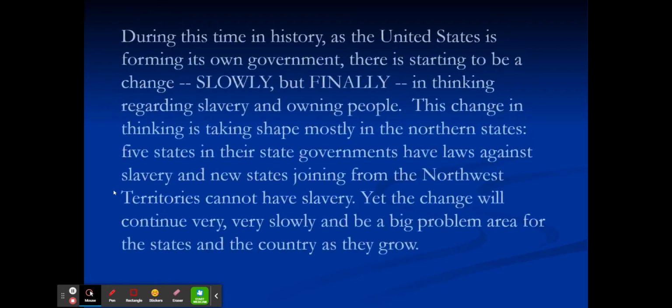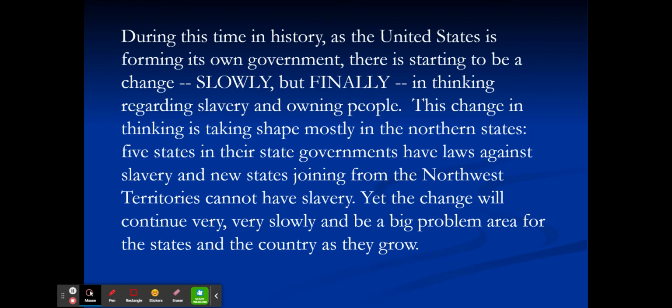It's important to note that during this time in history, as the United States is forming its own government, there is just starting to be a change, slowly, but finally, in thinking regarding slavery and owning people.